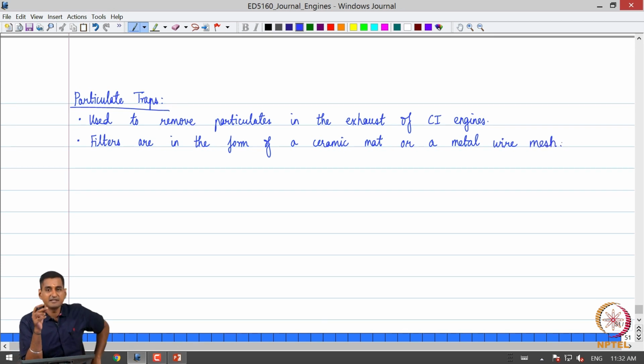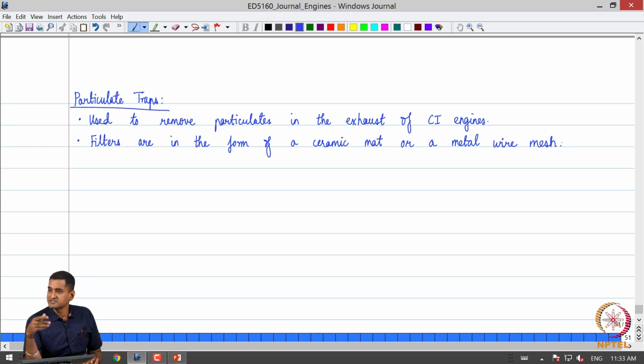What happens is that these particulate traps are installed in the exhaust, and when the exhaust gases with these small particulates come through, they get caught in these meshes. So, the particulates can be removed from the exhaust before the exhaust gases reach the atmosphere. But what is the flip side of this process?